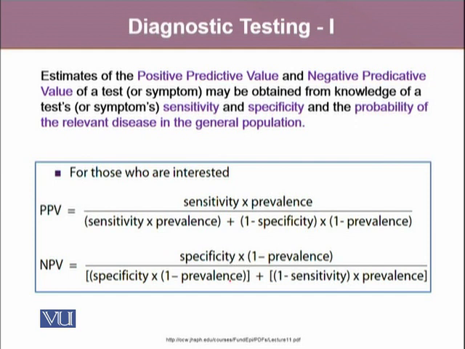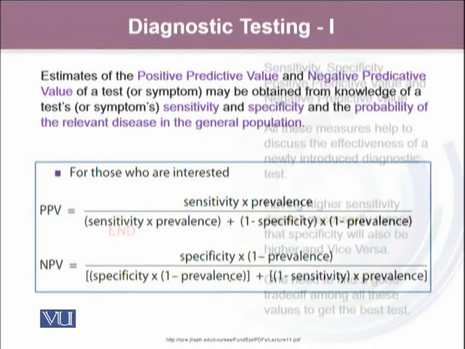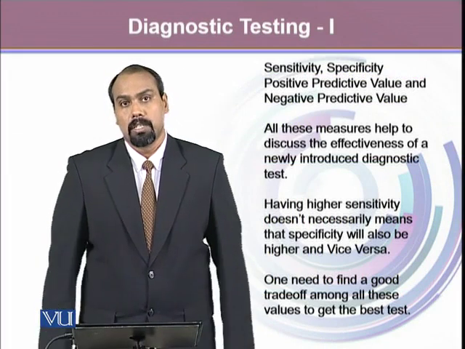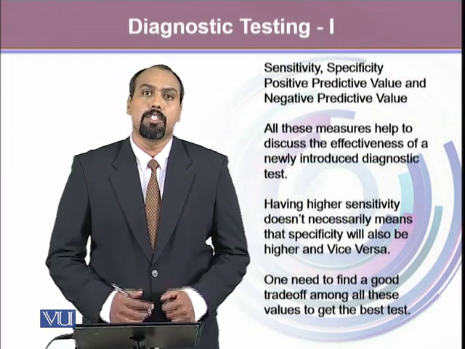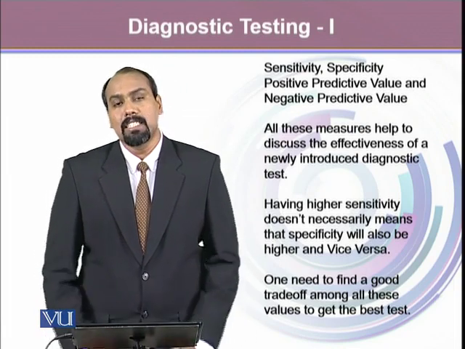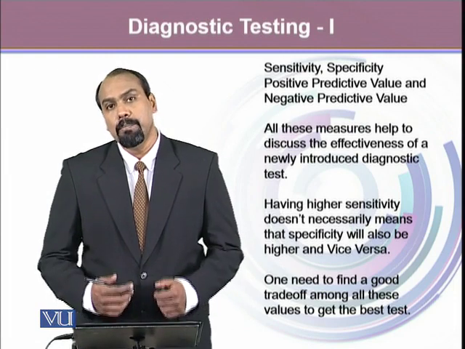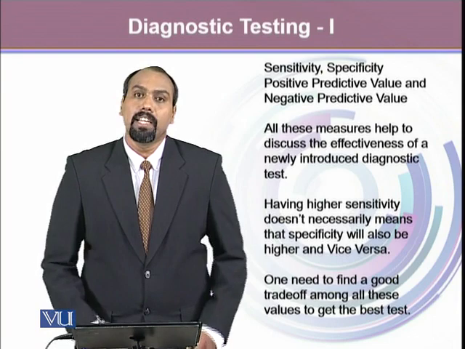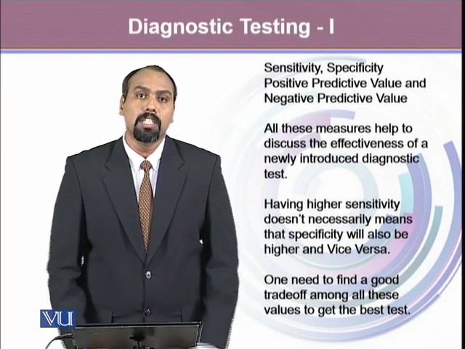We can use all these measures to obtain the values of PPV and NPV. Sensitivity, specificity, positive predictive value, and negative predictive value, all these measures help us to determine the effectiveness of a newly introduced diagnostic test. Having higher sensitivity does not necessarily mean that specificity will also be higher. One needs to find a good trade-off between all these four values.